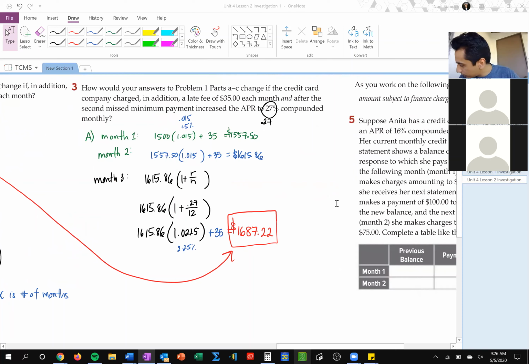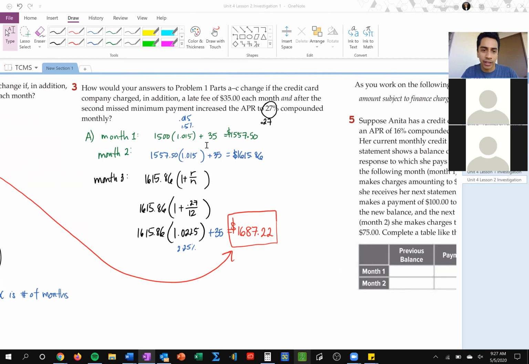Okay, so number 3, parts A, B, and C, they're similar, but they're kind of complicated in terms of how to build them, because you have to consider that the first month and the second month follow something consistent, and then the third month is completely different. So we're just going to keep it simple for now. It's a complex situation in terms of how to handle the formula.